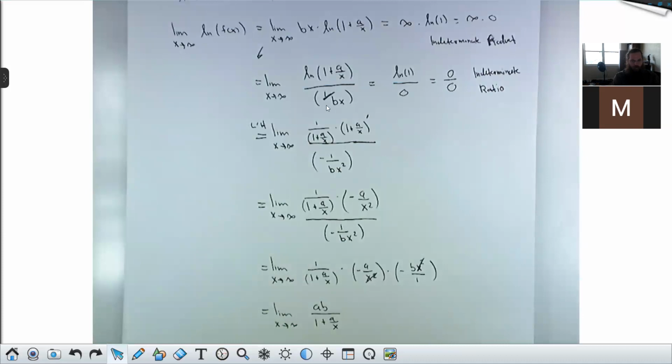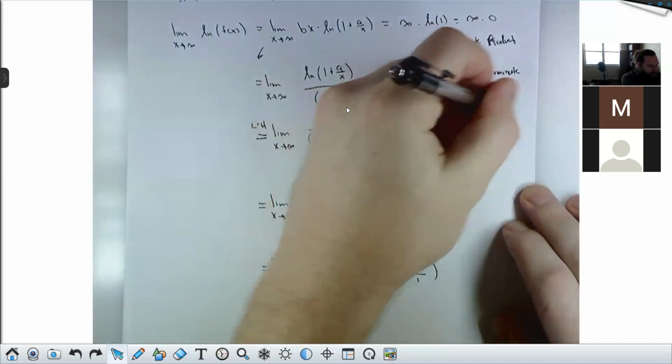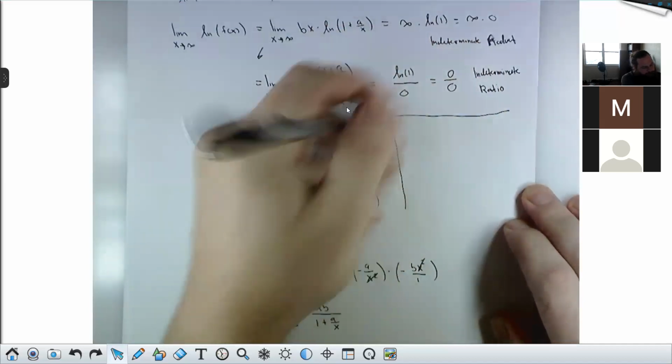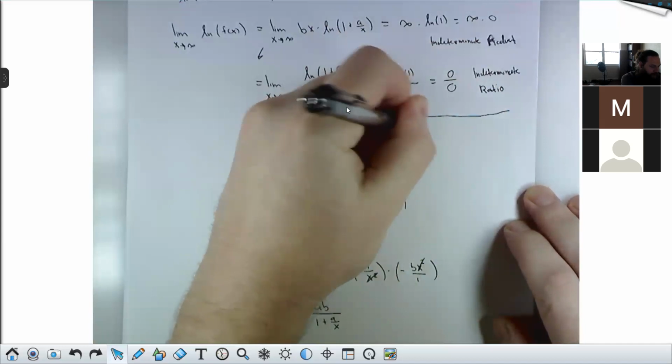Where did the 1 over bx squared come from? That's the derivative of 1 over bx. So if we want to see the derivative calculations that I'm doing here, one over bx all primed.